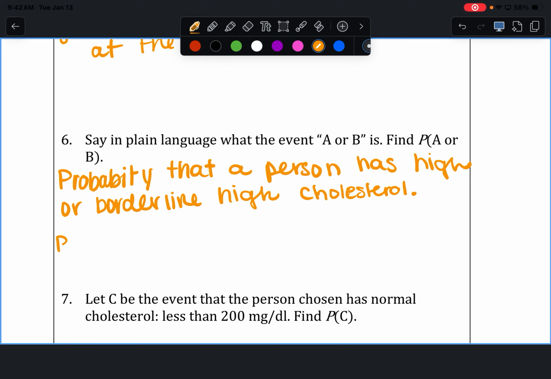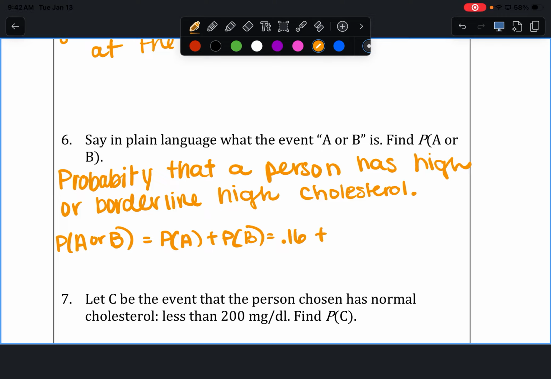And so we're going to find that the probability of A or B is equal to the probability of A plus the probability of B. What is the probability that a person does have high cholesterol? It tells us in the question: 0.16.